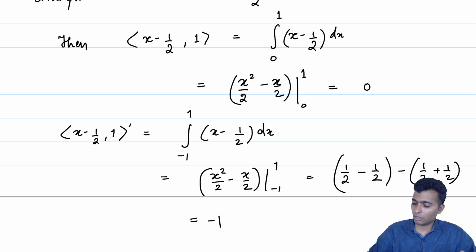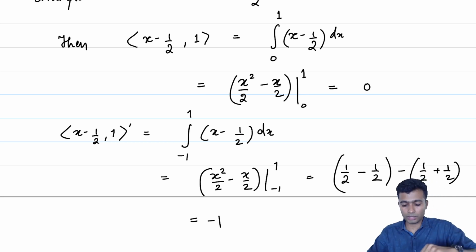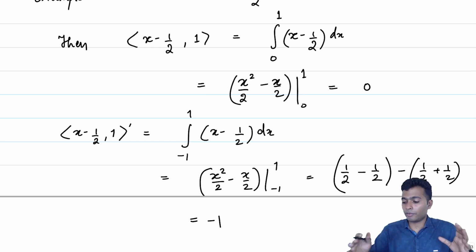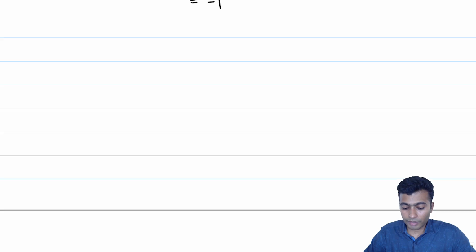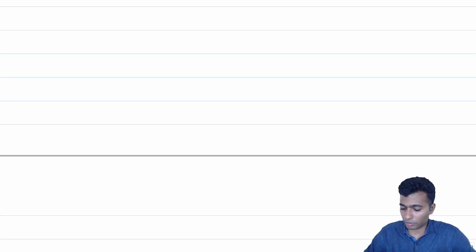So these two polynomials are not orthogonal with respect to the second inner product. So the two vectors being orthogonal very much depends on which inner product we are considering.